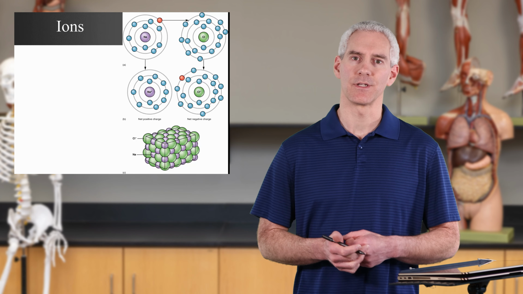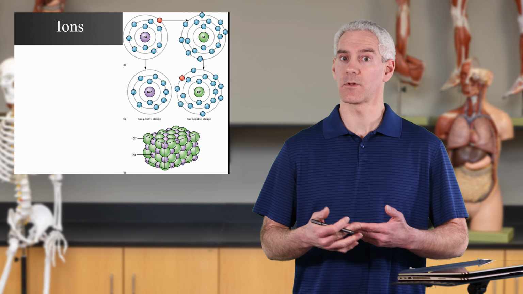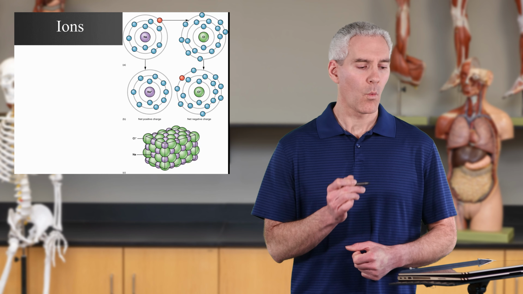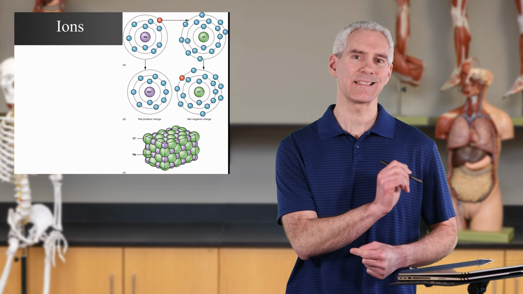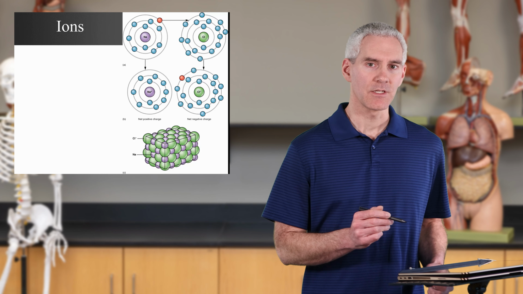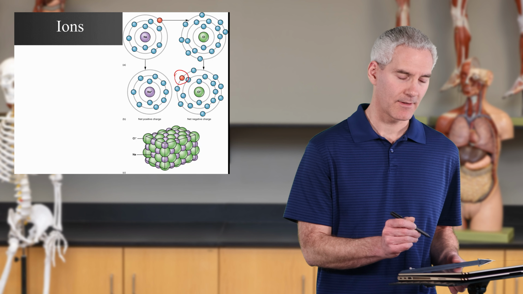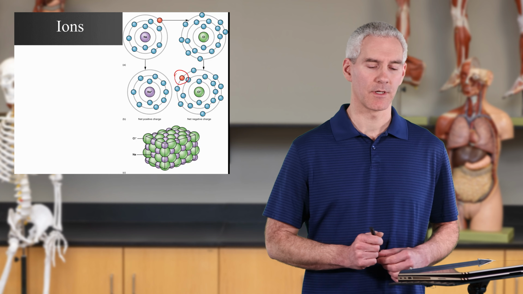So what's going to happen here is NaCl, sodium chloride, is salt. That's your table salt. What happens is that 1 single electron, so that's 1 electron right here, we're seeing now that red one has moved over to the chloride.